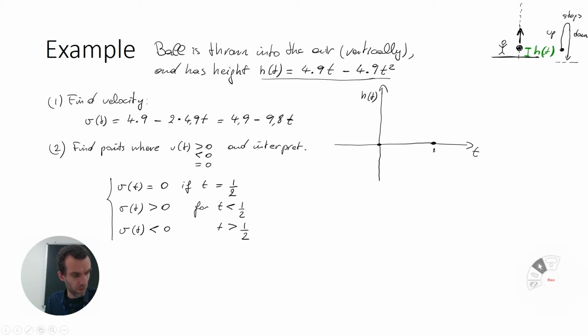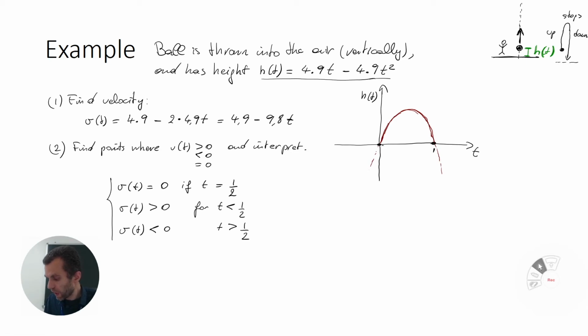And then the function h of t has this graph, and then it continues like this here. But we're mostly interested in what happens between t equals 0 and 1.